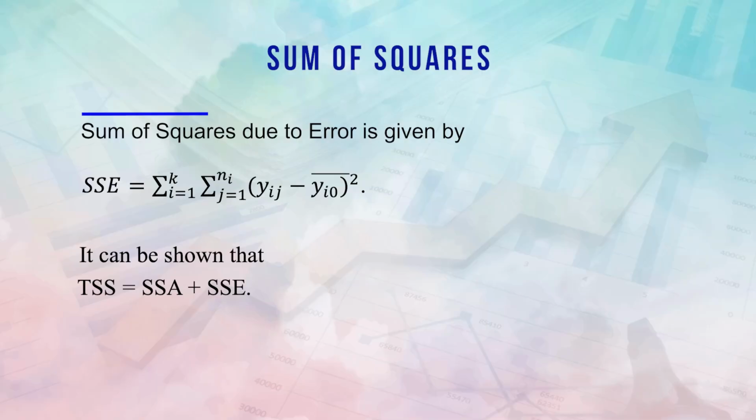But there will be one more part remaining, because the whole of the variation can never be explained by the groups. That part is SSE, the sum of squares due to errors, which is given by the formula. Once again, I'd like to note it down: double summation (y_ij minus y_i0 bar) whole square.